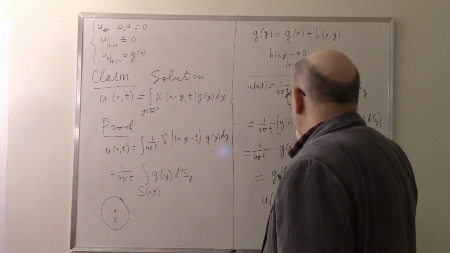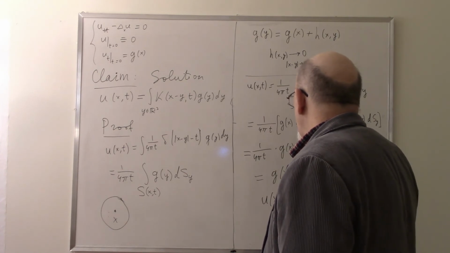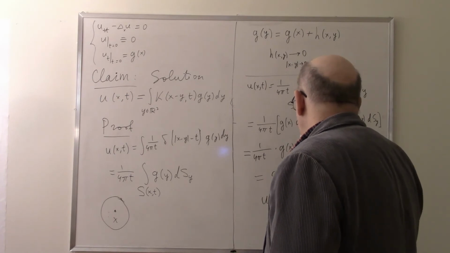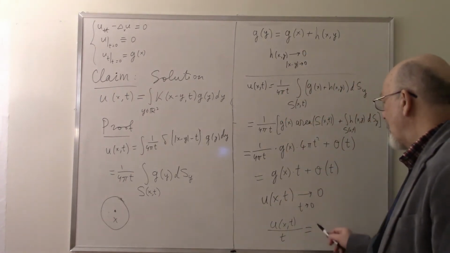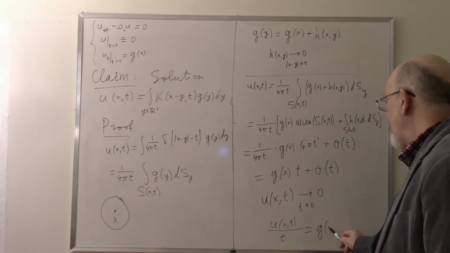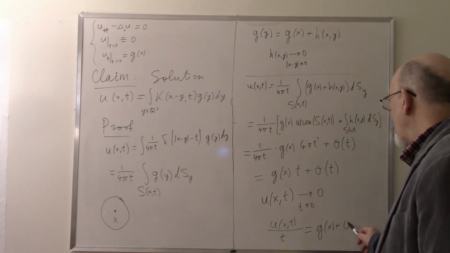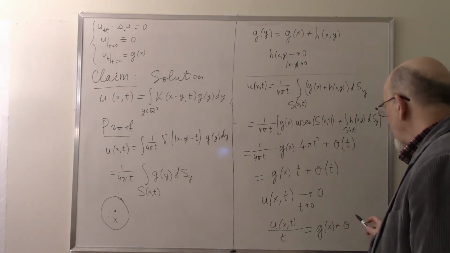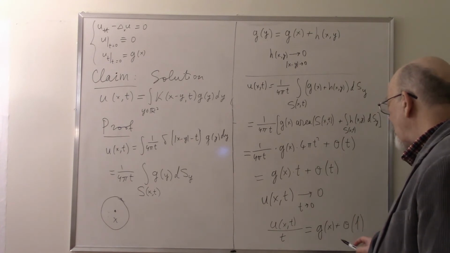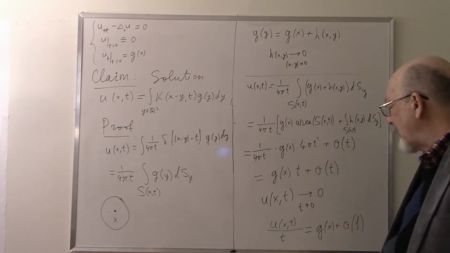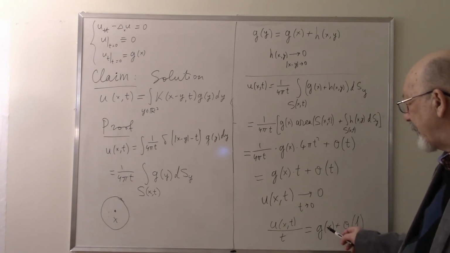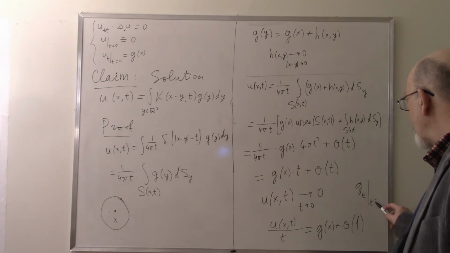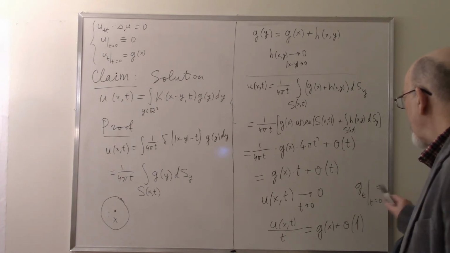Now for the derivative, u of x, t divided by t equals g of x plus o small of t divided by t, which is o small of 1, something which goes to 0. So this means that the derivative u_t for t equals 0 equals g.